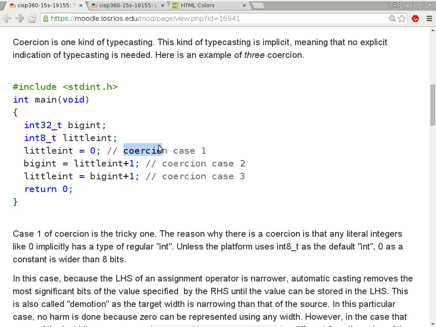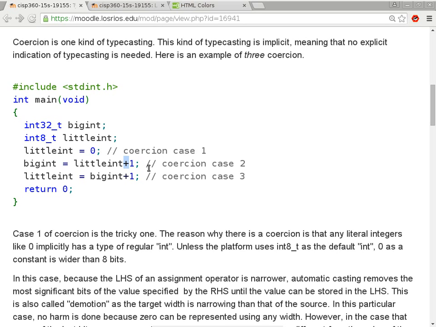Now, on the second line, where do you think the coercion is happening? We have 2 operators, and every time you have an operator, there's a chance that there's a coercion. So the question now is, the coercion, which is an automatic type conversion, is it happening for the assignment operation, or is it happening when you're performing addition?